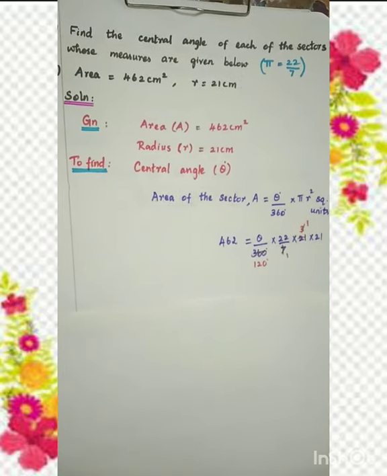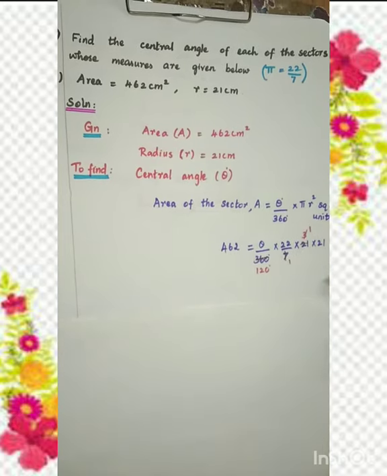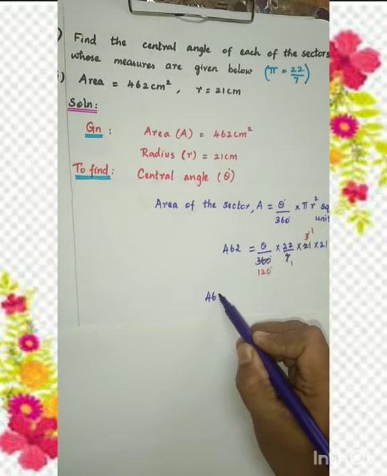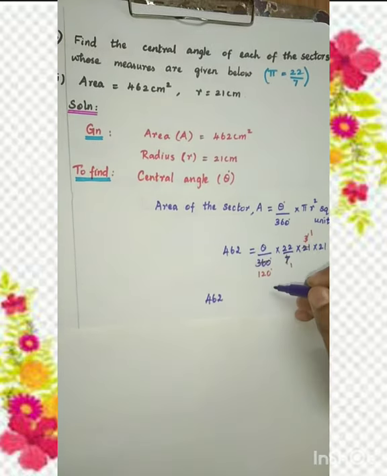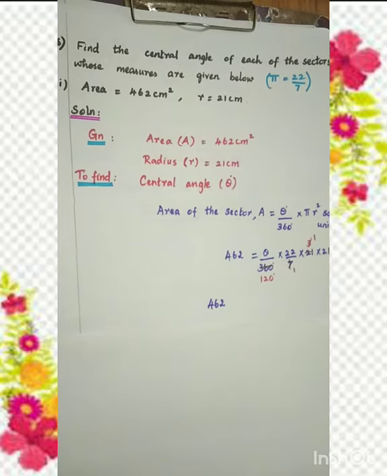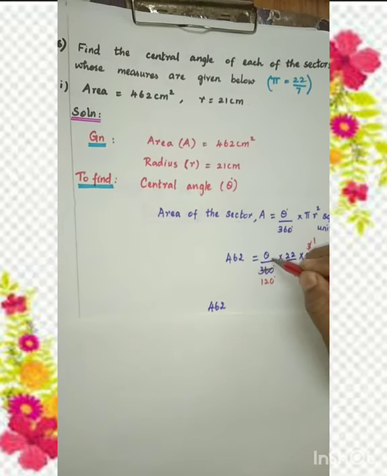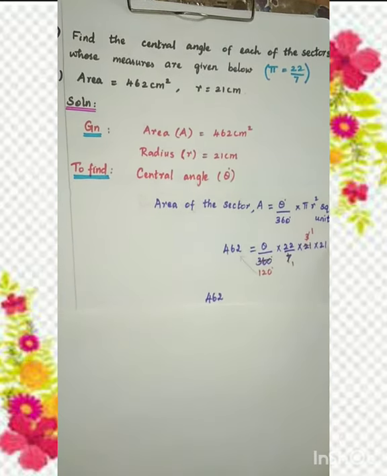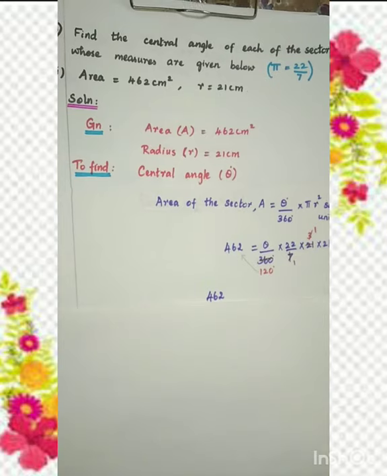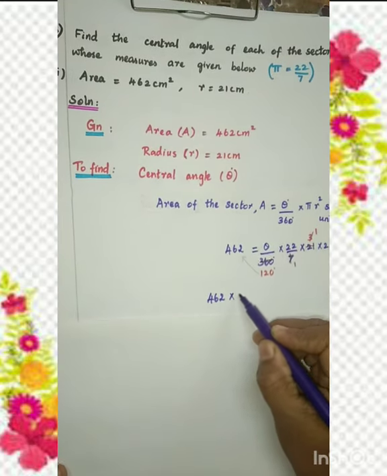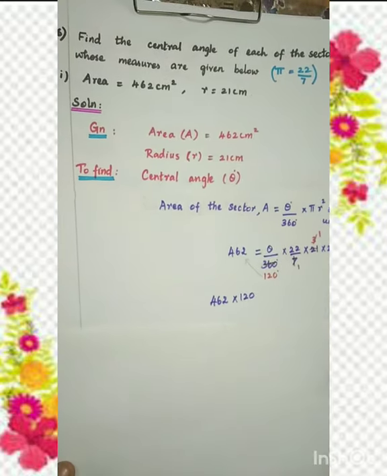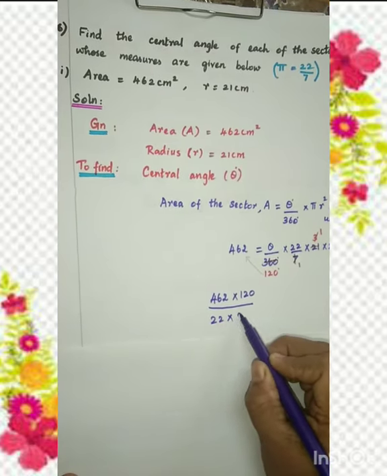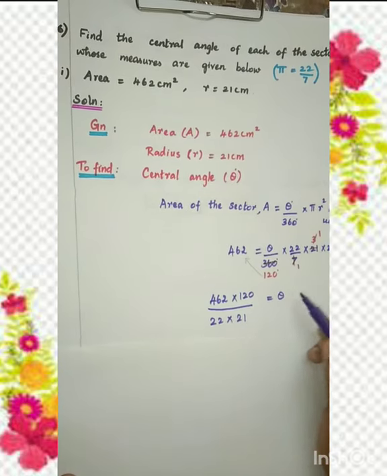Now we are going to find angle theta. The remaining values we can bring to the other side. That is 462, and the new denominator 120 degree we can cross multiply. It is in division, so it becomes multiplication. These two are in multiplication, so they become division. That is 462 into 120 divided by 22 into 21 equal to theta.